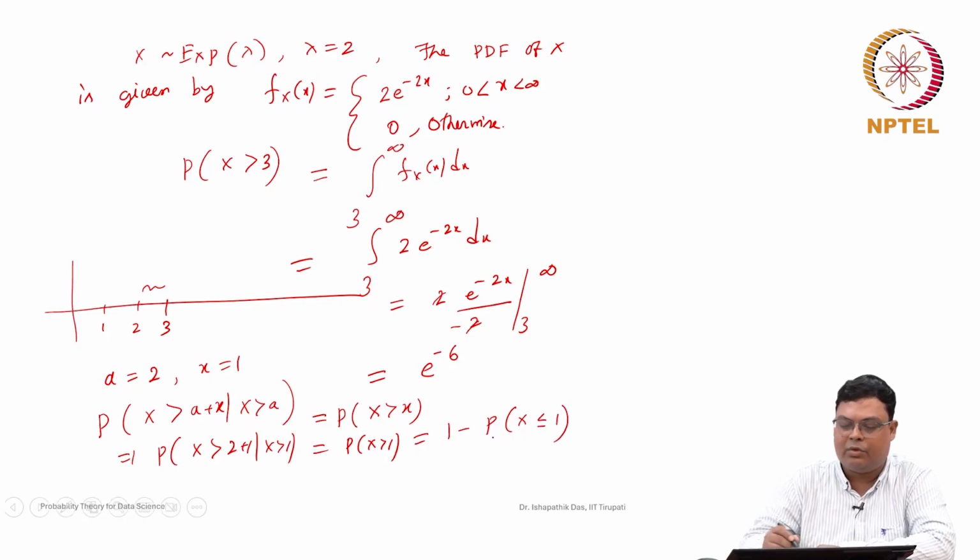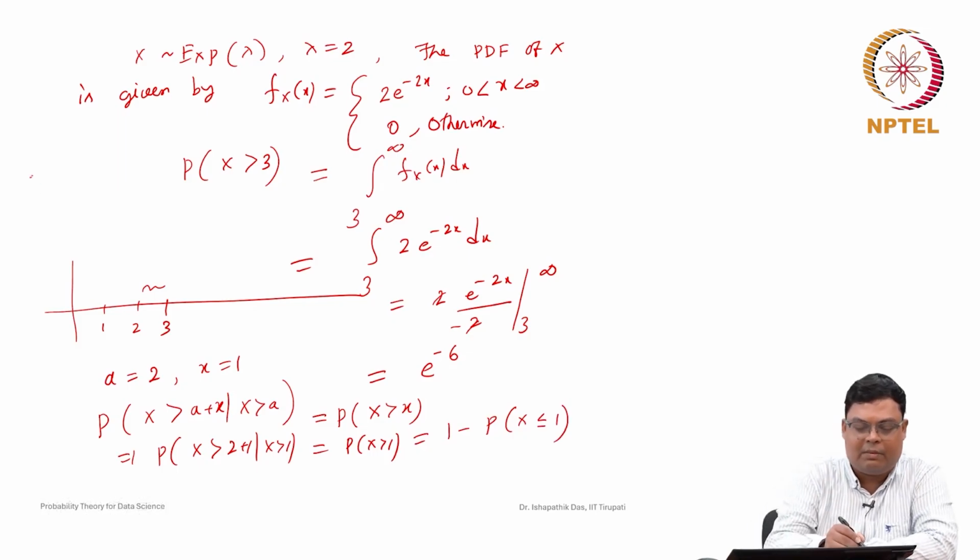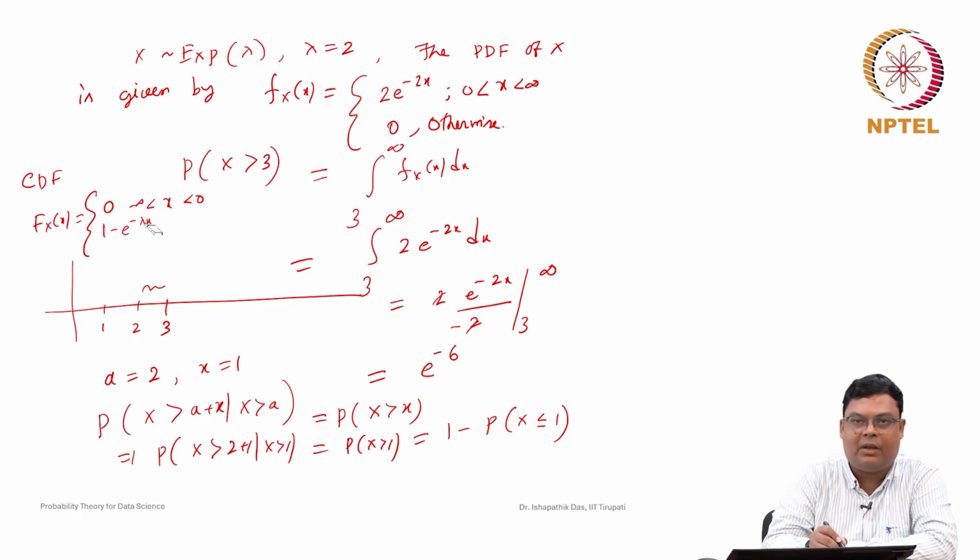So what is the distribution function, the CDF? The CDF can be written as F_X(x), which is 0 whenever x is less than 0, and whenever x is greater than or equal to 0 it is 1 minus e to the power of minus lambda x. Here lambda is equal to 2, it is given, so we write 1 minus e to the power of minus 2x, for x greater than or equal to 0 and less than infinity.